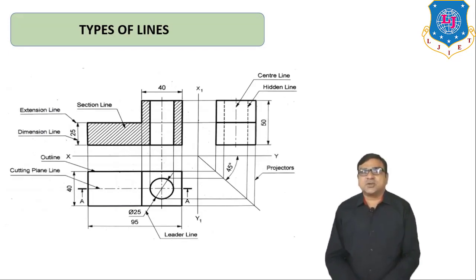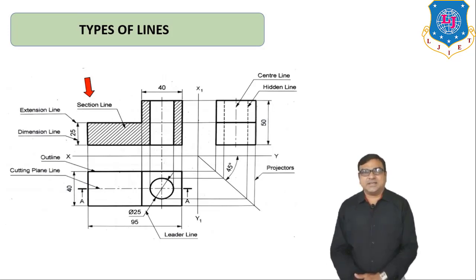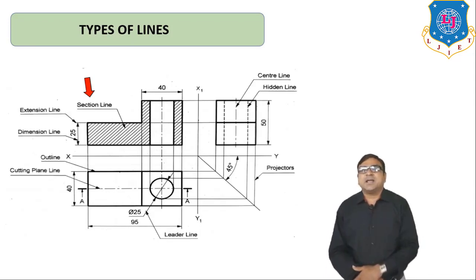Now in this drawing, we will discuss all lines. First, section line. It is continuous thin, and the surface which is under cutting is represented by hatch lines or section lines. This is the extension line.